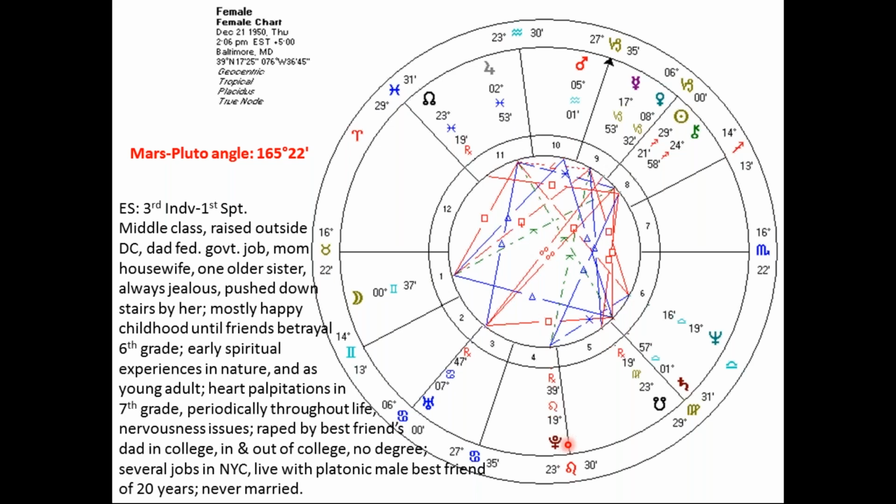So our volunteer feels like she's that transitionary, third individuated to first spirituated, raised middle class outside of the greater DC area. Her father had a consensus job in the federal government. Mom was a stay-at-home housewife, sun in Pisces. She has one older sister who was born same day as mom.